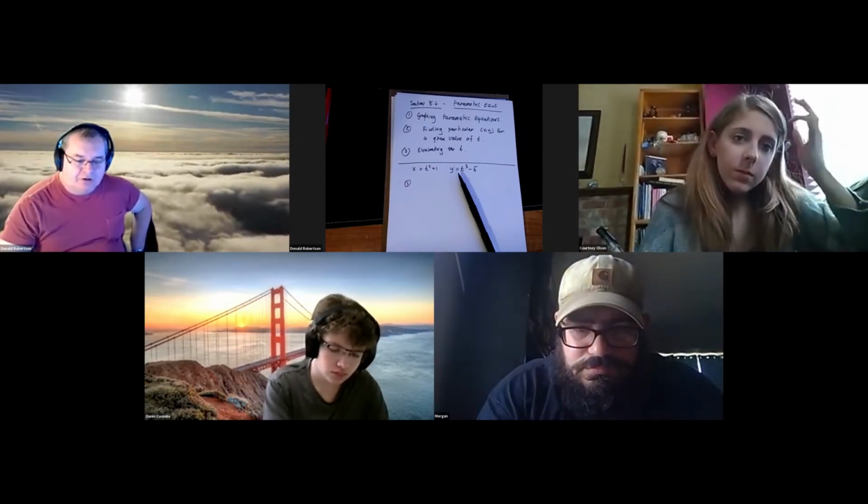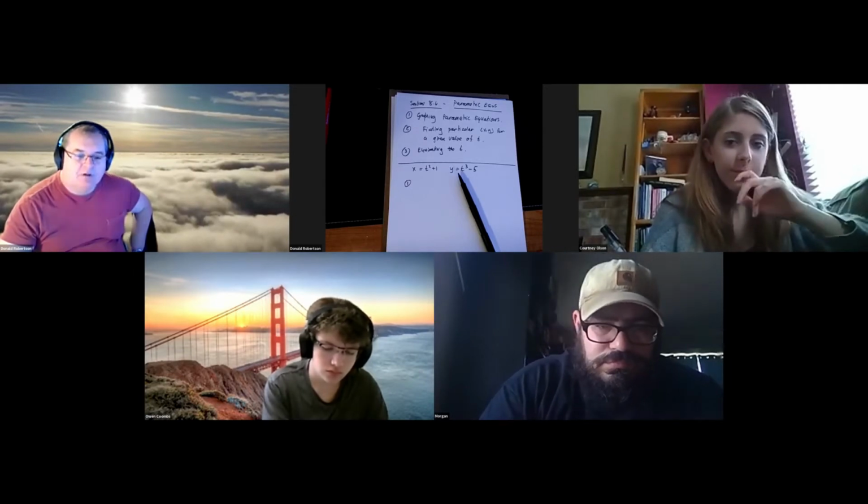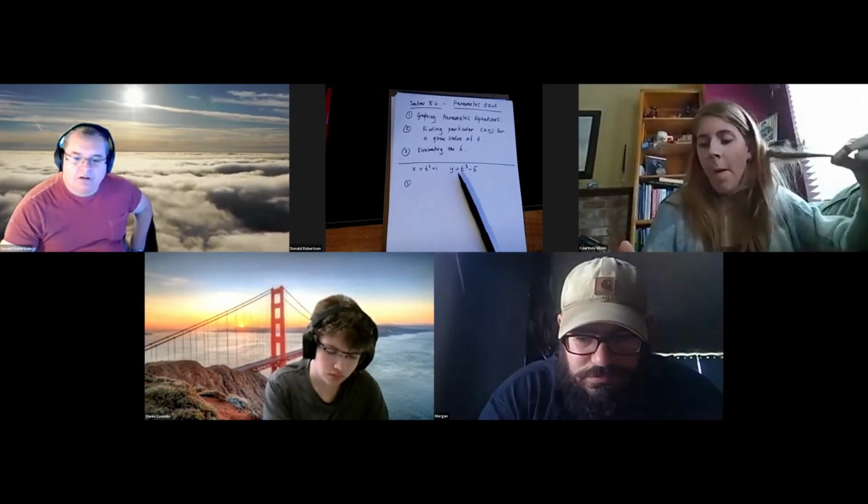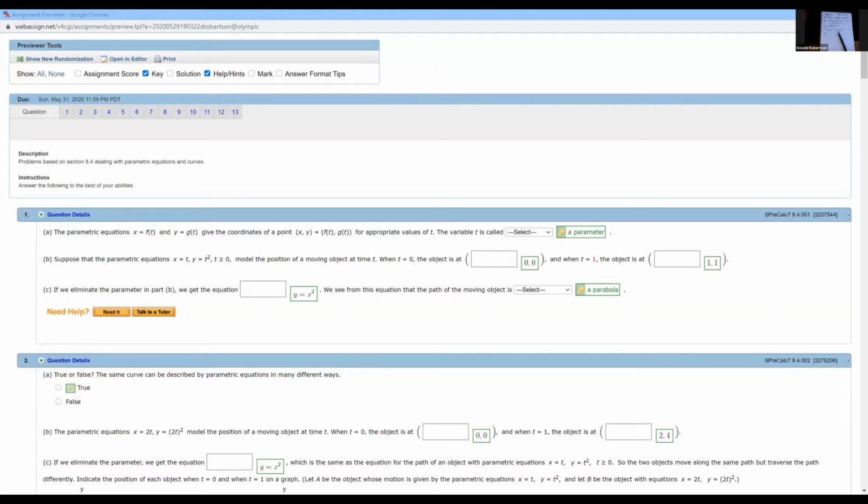I'll have to share. I can make the share happen. Here we go. Where are we? Is it here? No. Is it here? No. Here it is. Okay. Can you see the parametric equation graph, or we'll have to go out and in again?